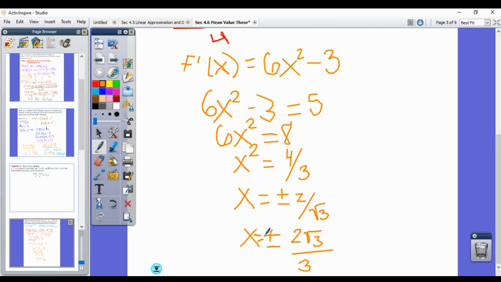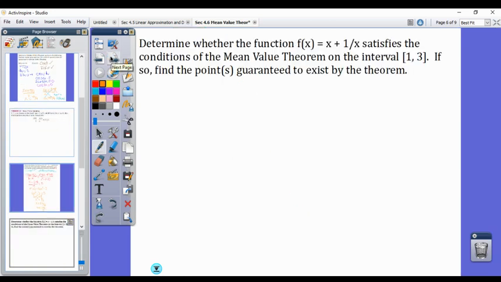All right, so let's do another one. Okay, so for this example, let's do our checks. And when I'm doing my check, I know that this is not continuous or differentiable when x equals 0.